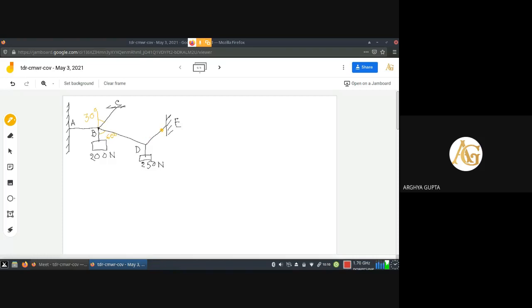And this angle is given as 45 degree. 30, 60, 45. Okay, so this is the problem given. I have to find the forces in various segments. The tensile forces actually I have to find.